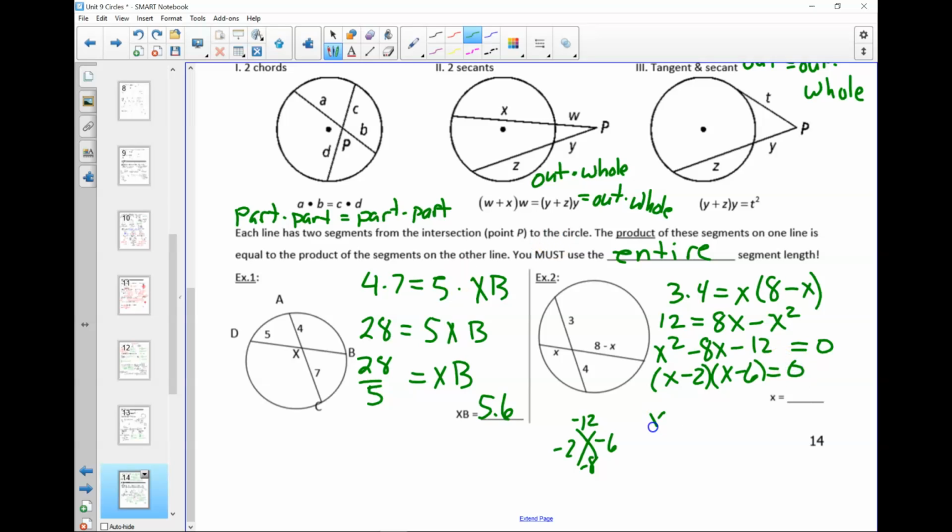Solving for x, x minus 2 equals 0, therefore x equals 2, and x minus 6 equals 0, so x equals 6. So either 2 or 6 are possible answers for this problem.